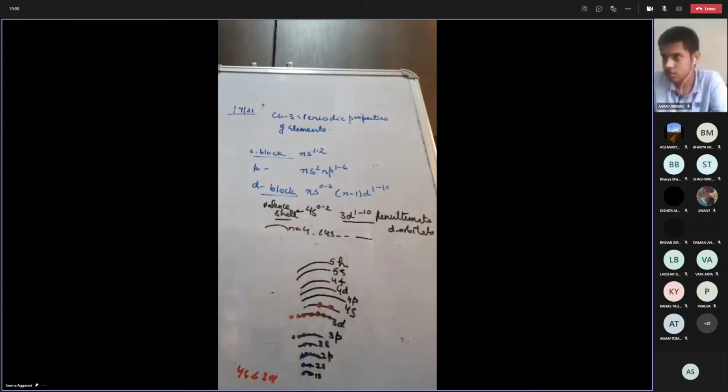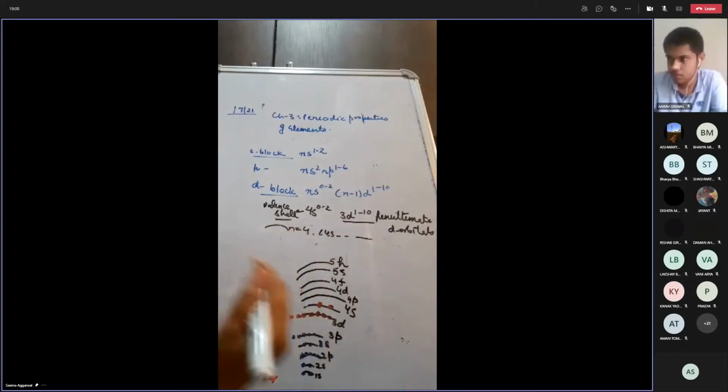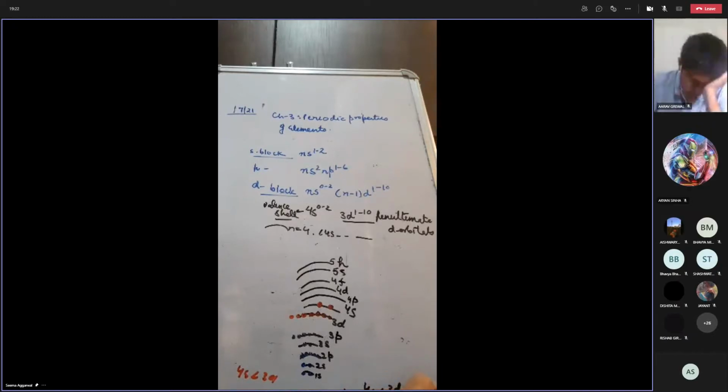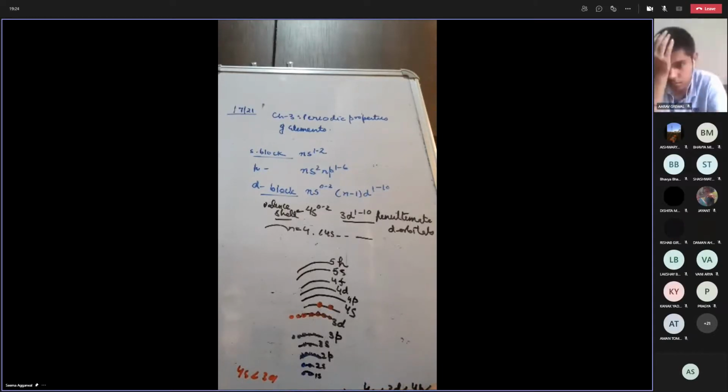Now, according to the Aufbau principle, the order by energy is 1s, 2s, 2p, 3s, 3p, then 4s, then 3d, then 4p, then 5s, then 4d.